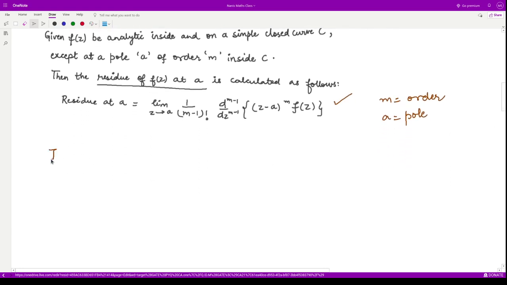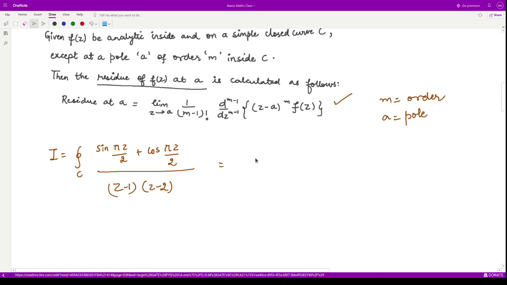So here our I is given to be the integral over C of the function (sin(pi z/2) plus cos(pi z/2)) divided by (z minus 1)(z minus 2).